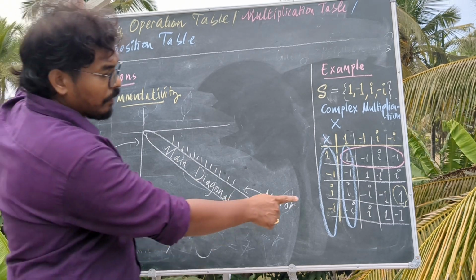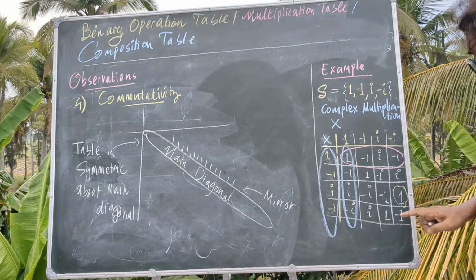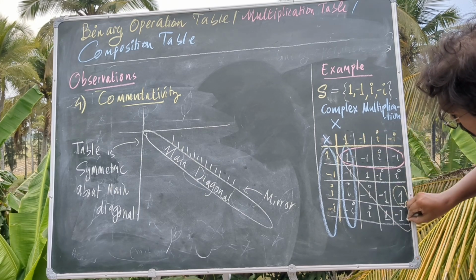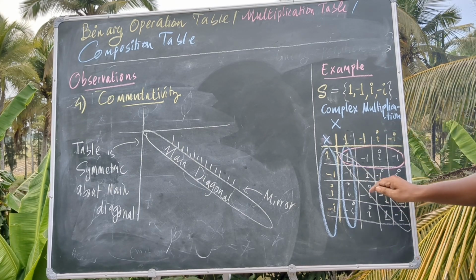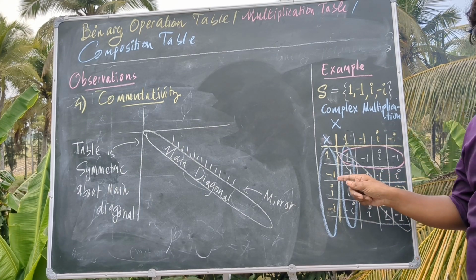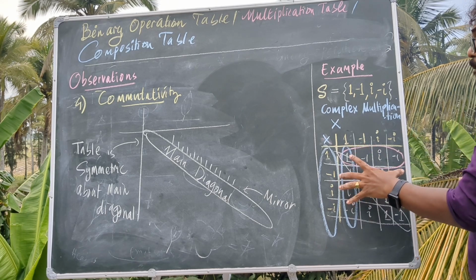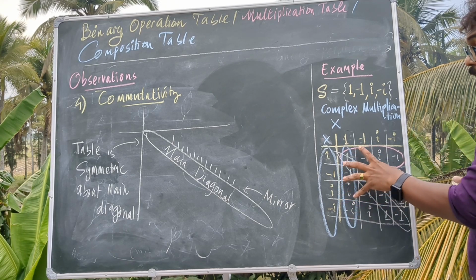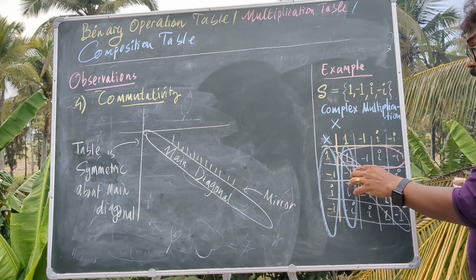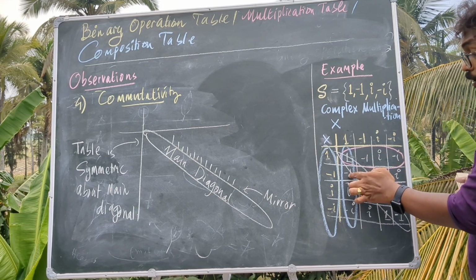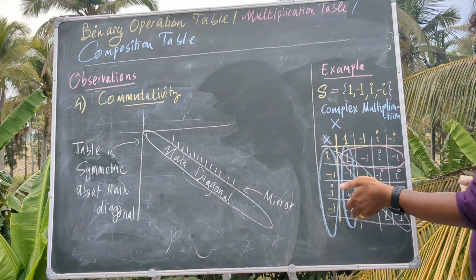Now let us check here. This is our main diagonal, and this is symmetric. Also you can say, if you treat this table as a matrix, this is a symmetric matrix. Minus 1, minus 1, the elements are symmetric here.